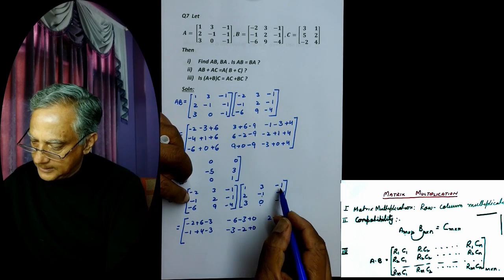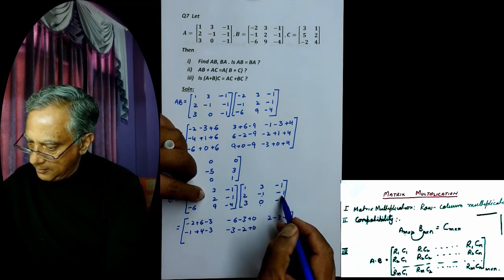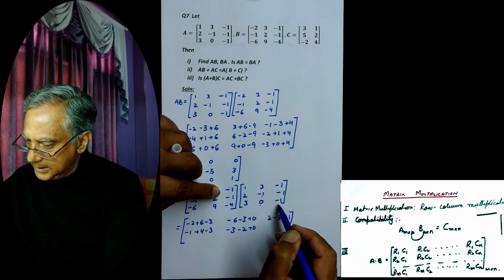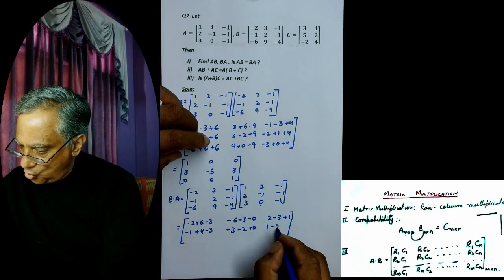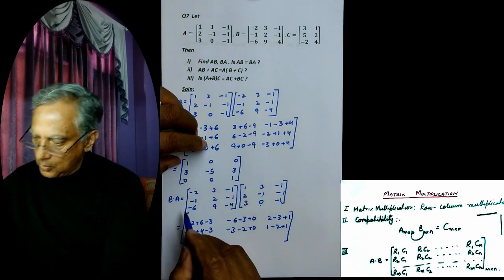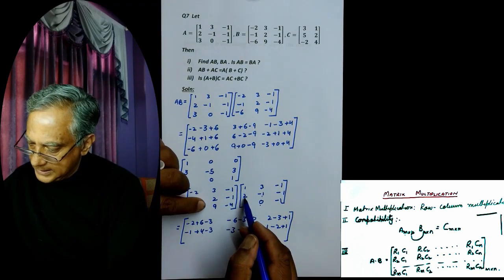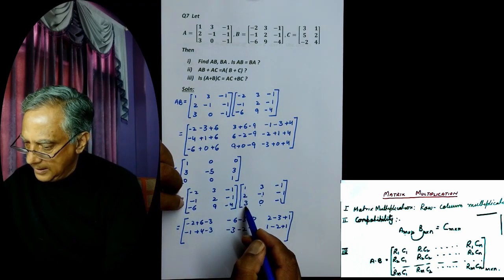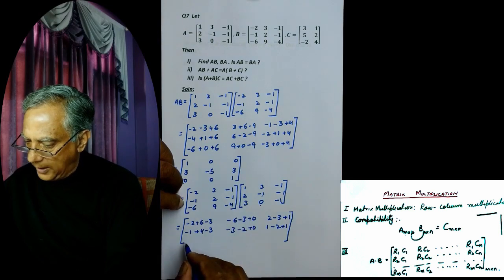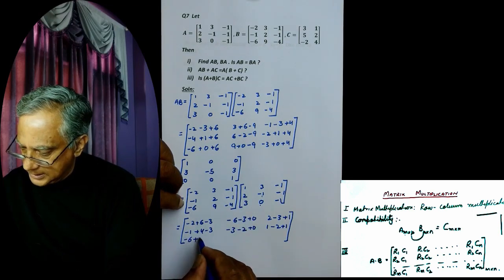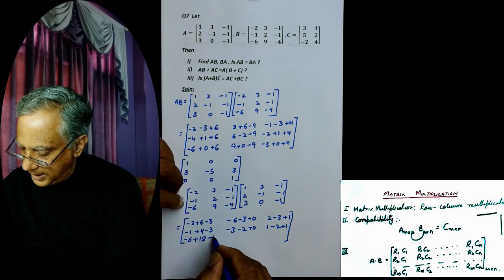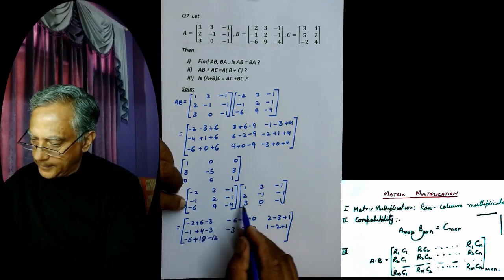This into this. This is 1 minus 2 plus 1. This into this. This is minus 6 plus 18 minus 12.